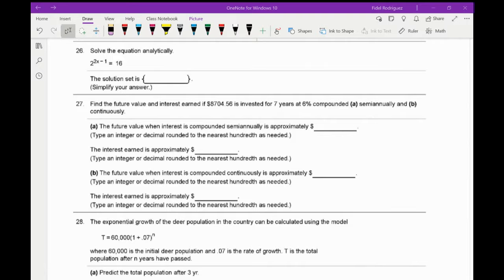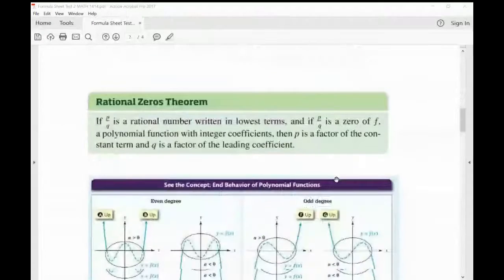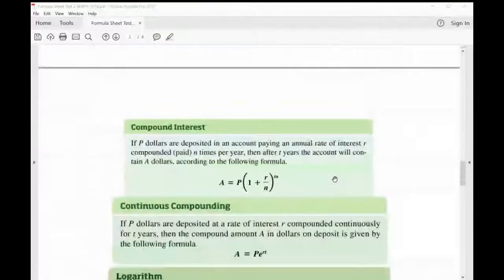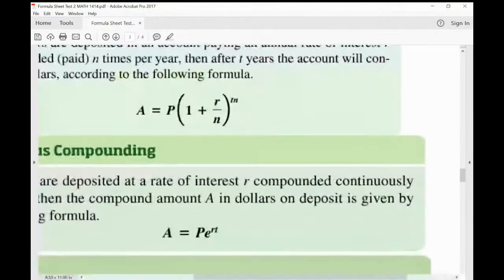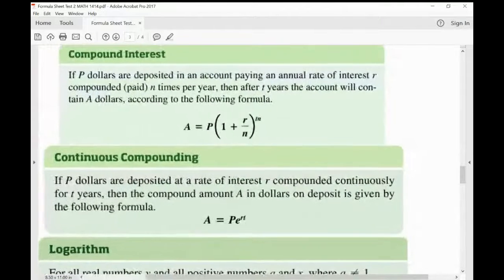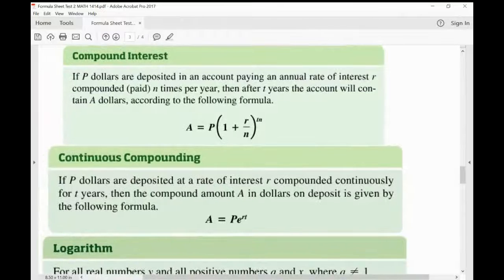So guys, the first thing I'm going to do is stop sharing that page because I want to share the formula sheet, okay? So here I am on my formula sheet, and I'm going to scroll down and look at these two formulas right here, the compound interest and the continuous interest. For part A, I'm going to use the compound one, and for part B, the continuous one.